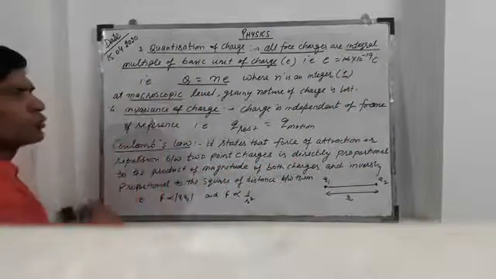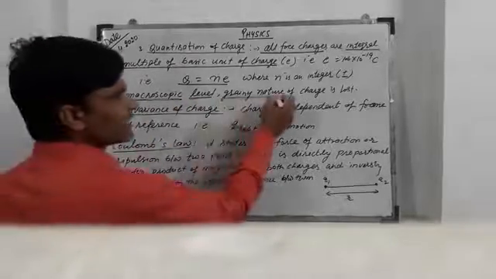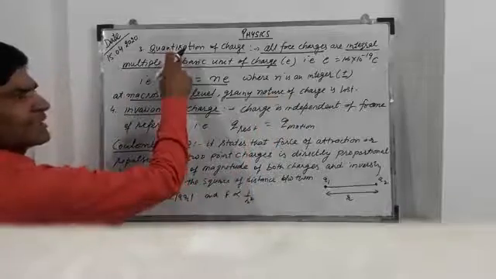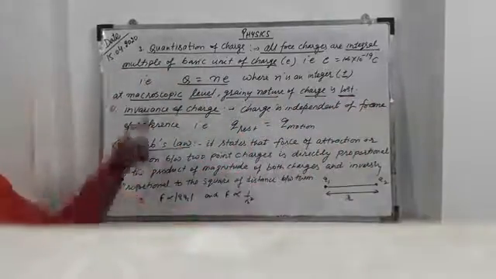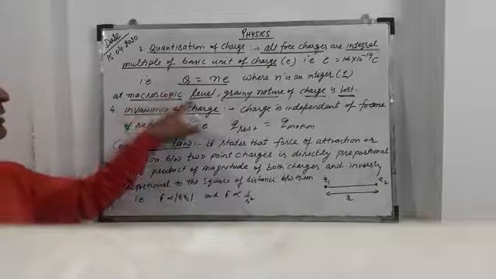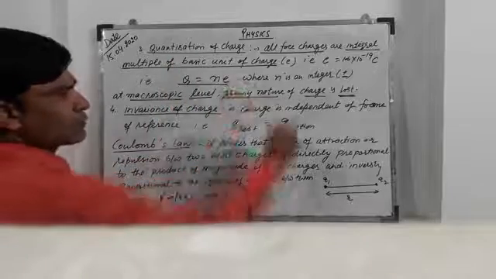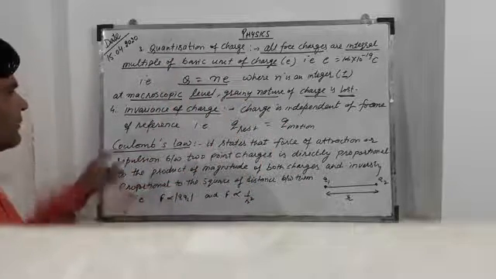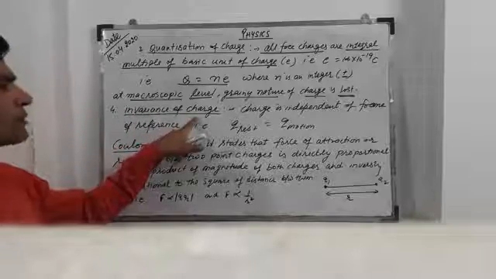At macroscopic level, meaning at large scale, the grainy nature, meaning quantization of charge, is lost. Quantization does not follow at the macroscopic level. Okay. Fourth property, invariance of charge.